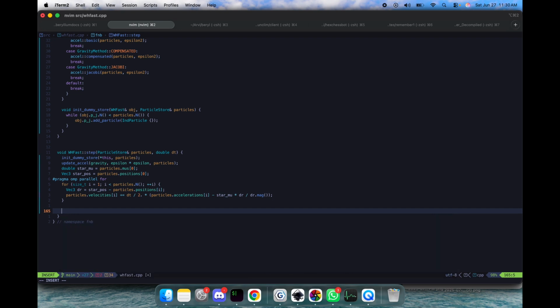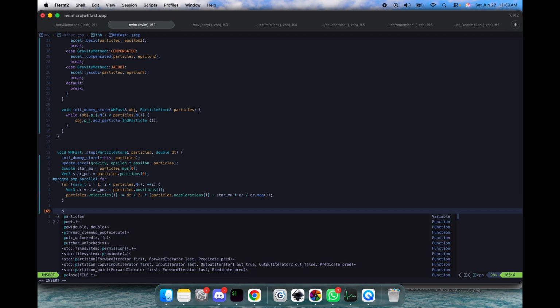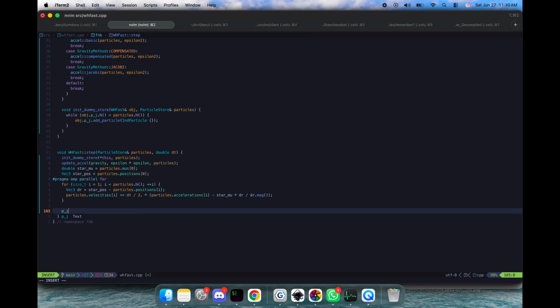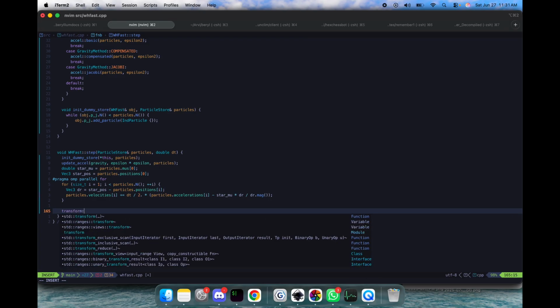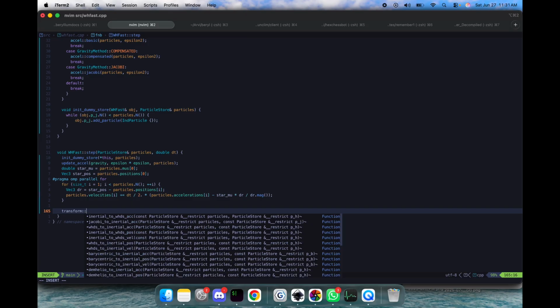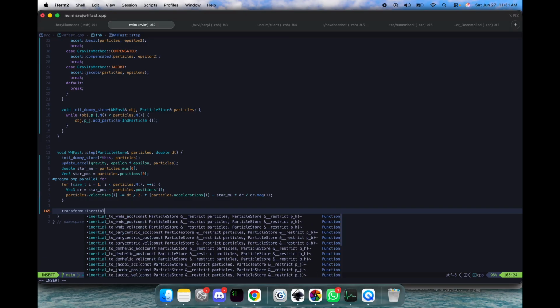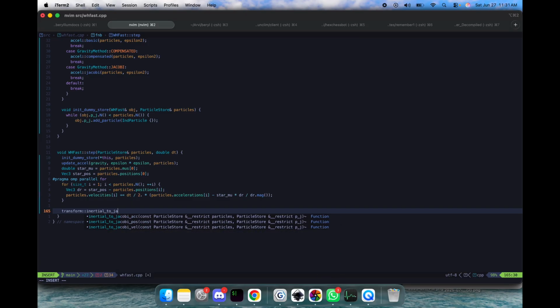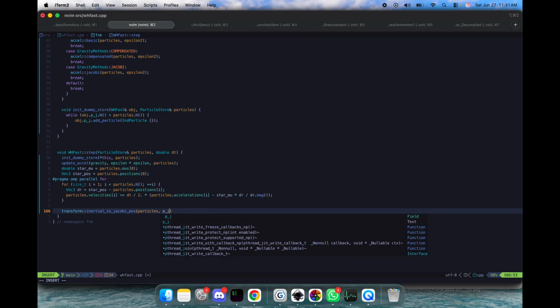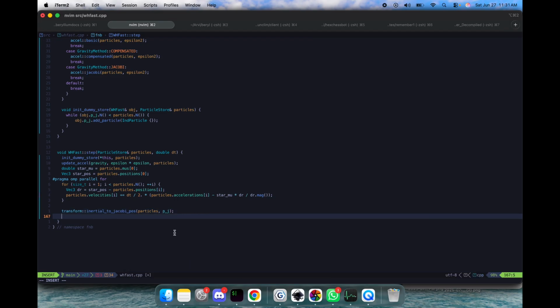So pj dot, not all caps, transform, it would be inertial to Jacobi pos particles and pj. Okay.